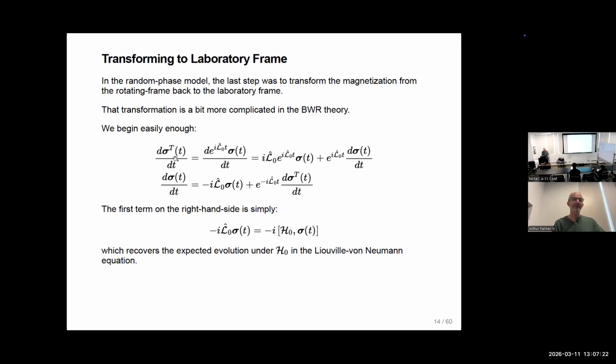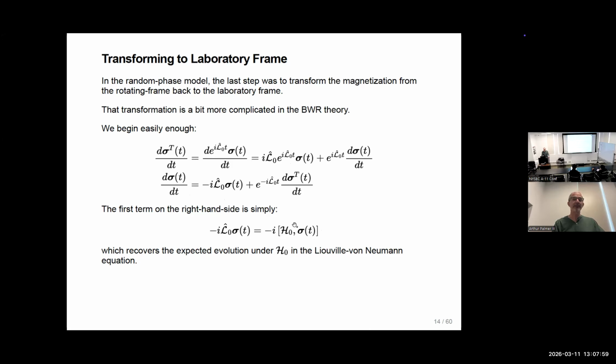So we want to transform back out of the interaction frame, and we start that process easily enough. We have an expression for the differential equation in the interaction frame, and we can solve this equation for the density operator in the lab frame rather than the interaction frame. That's shown here. The first term we just recognize as the commutator of H naught acting on the density operator.